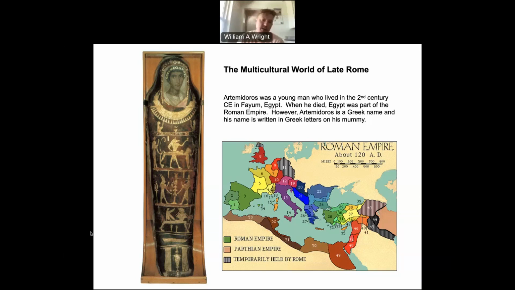And one of the epitomes that we see of this is the sarcophagus of Artemidorus, a man with a Greek name who lived in 2nd century CE Egypt. When he died, he was a Roman citizen. It's a Greek name, and he's buried with Egyptian accoutrement, Egyptian decoration. So he's a great espousal of the multicultural world of the Romans.